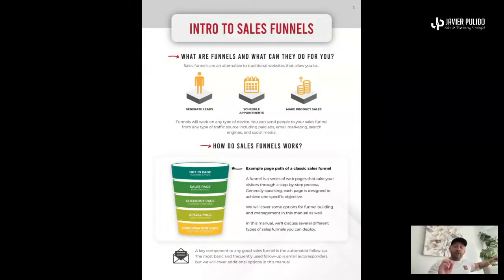The reason for sales funnels versus a website is because there is so much information on a website. For example, on a website, you can have about us, the services that you provide, the ebooks that you have, your podcast, your networking events, who you are, who you're targeting, your testimonials, and all that.